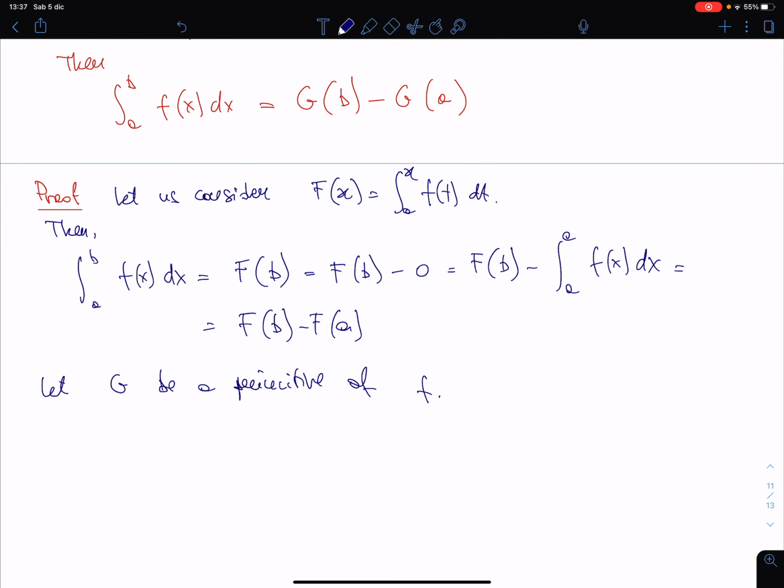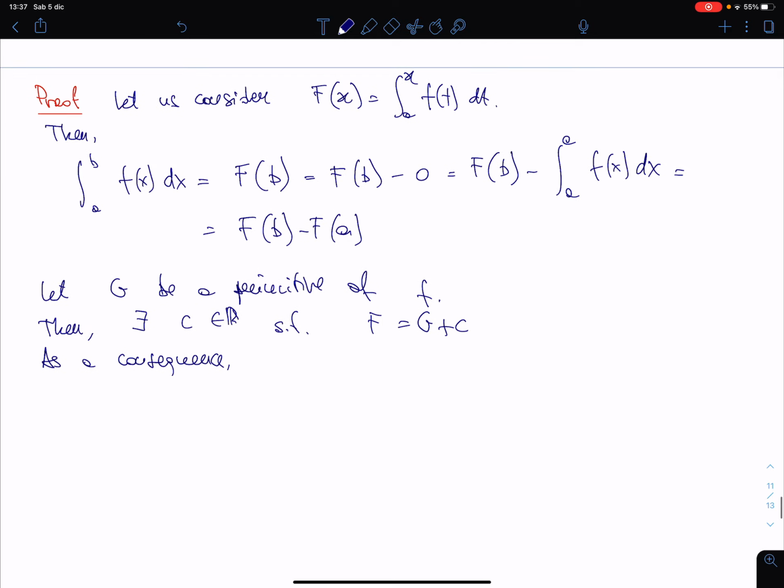Then by the previous proposition, there exists C in R such that F is equal to G plus C. Then, as a consequence, the integral between a and b of f of x dx is equal to F of b minus F of a.